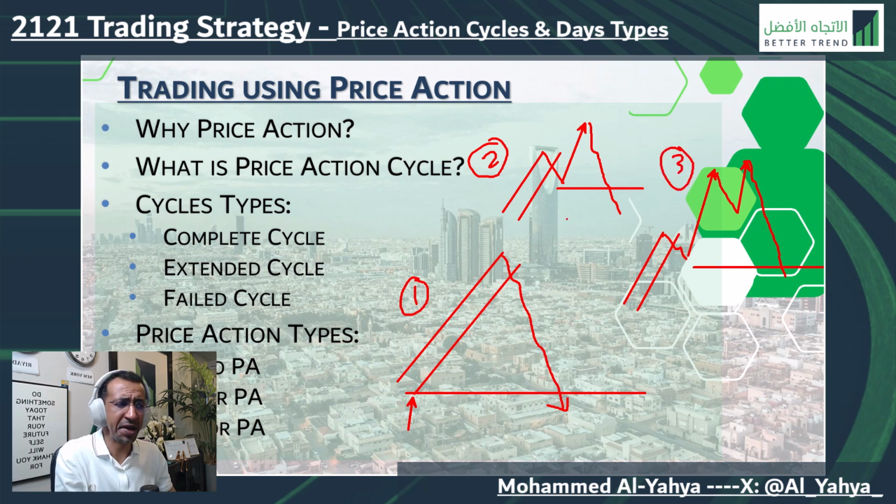Okay, why do we learn the failed cycle? To know if you are still within the market rhythm or not. Maybe you are wrong in your drawing. So this will keep you safe, so you don't worry about, am I wrong or am I right? It doesn't matter.